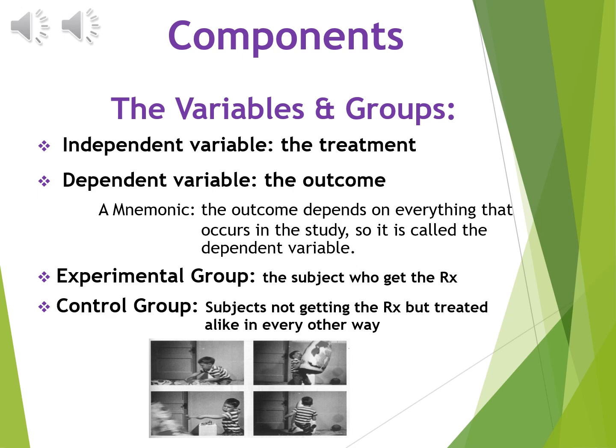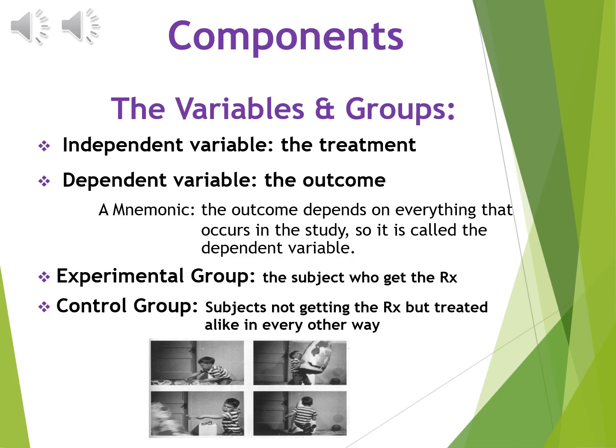Hopefully in Introduction to Psychology and/or your other psychology or even sociology courses, you learned the difference between the two variables and are comfortable with them now. But just in case you haven't, here's a little help, a mnemonic. The outcome in an experiment depends on everything that occurs, what group the individuals are in, if they get the treatment or not.